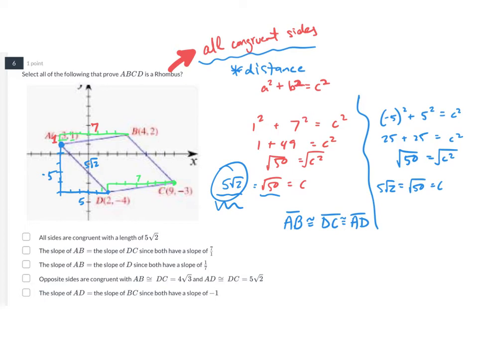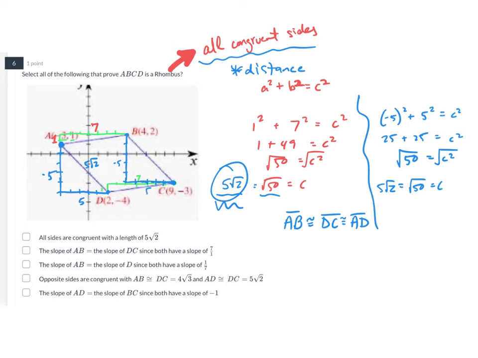So we have one last side to check. That's BC. I've got to make my slope triangle going from B to C. From this point, I went down 1, 2, 3, 4, 5, and over 1, 2, 3, 4, 5.